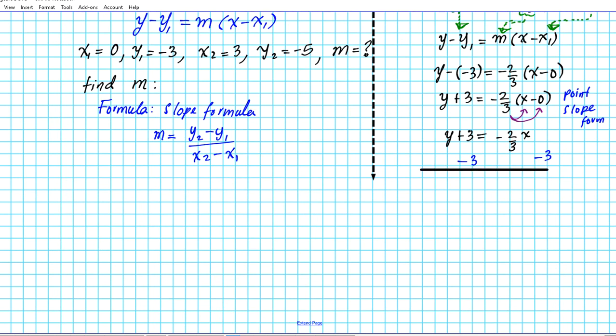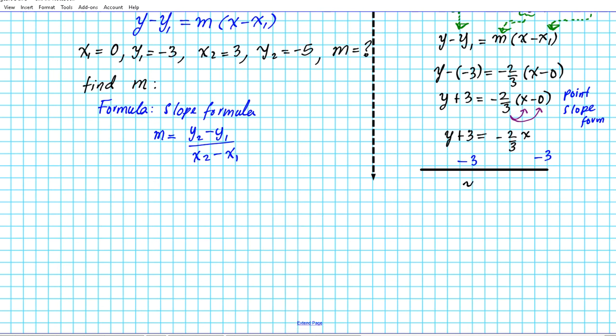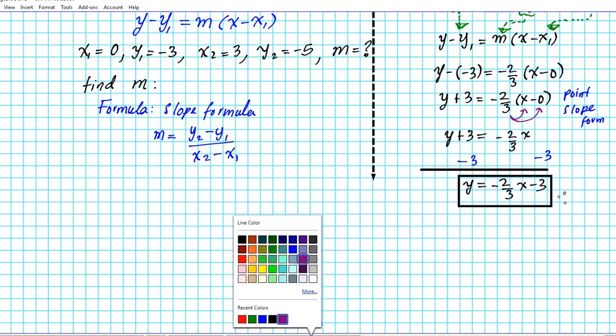So when we do that, we're going to be left with y equals negative 2 over 3x minus 3. Plus 3 minus 3, they add up to 0, so that's gone. So you're left with this equation right here, and this is the slope intercept form. How do we know that it is the slope intercept form? Let's go ahead and write it down first.